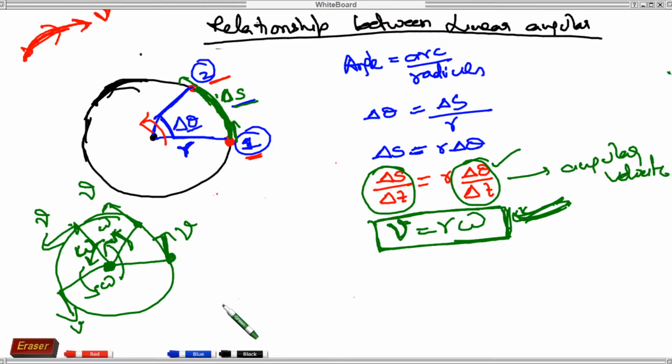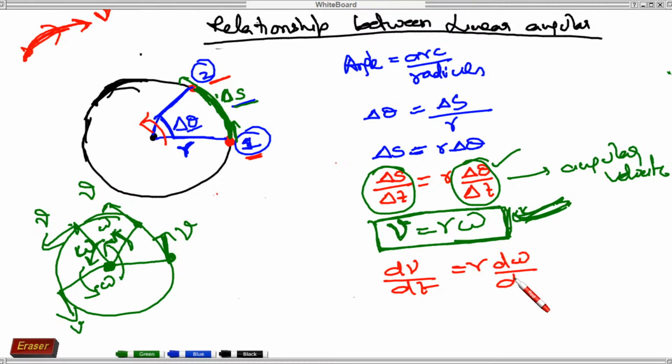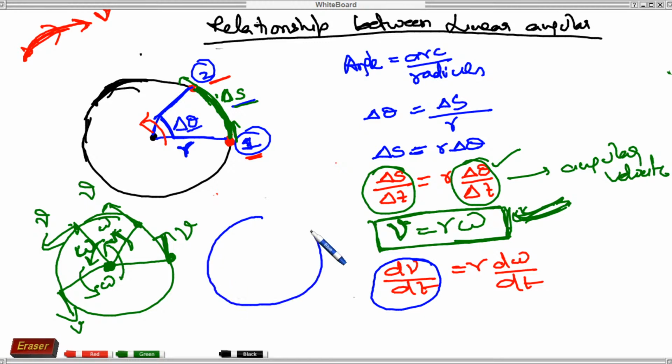Now we are going to differentiate it: dv over dt equals r d omega over dt. Earlier we already studied that dv over dt is acceleration, and d omega over dt is angular acceleration.